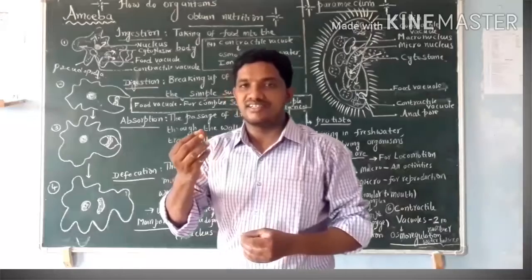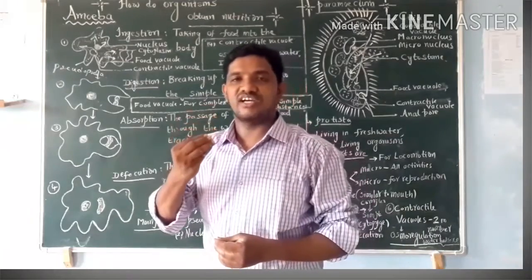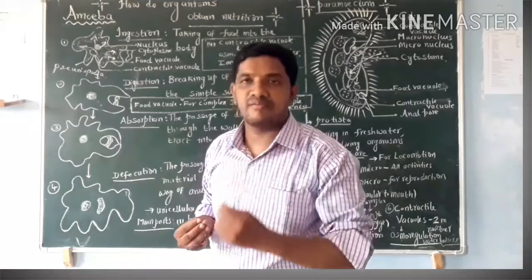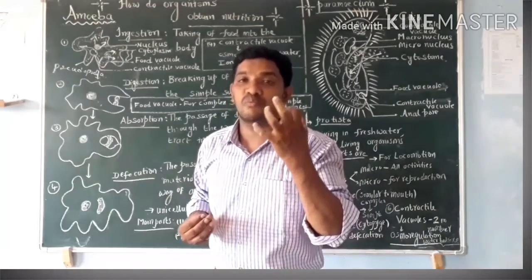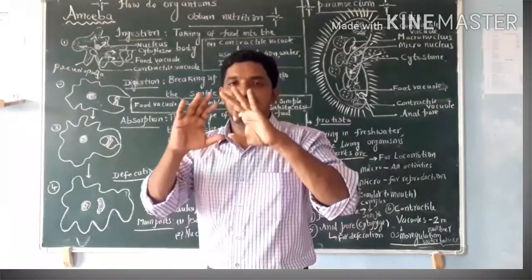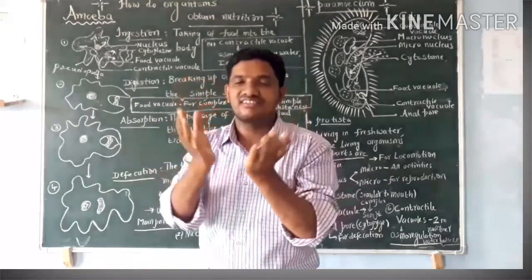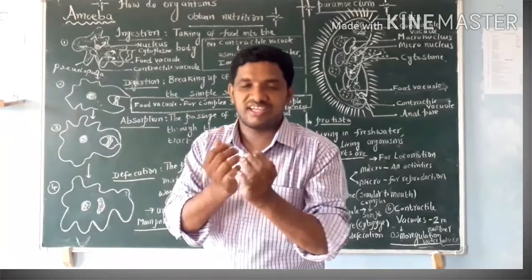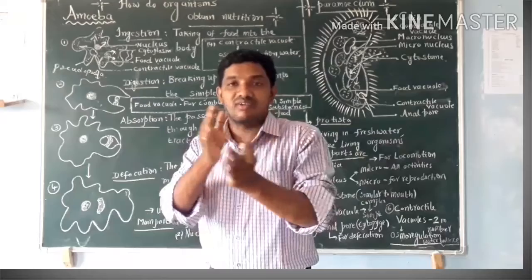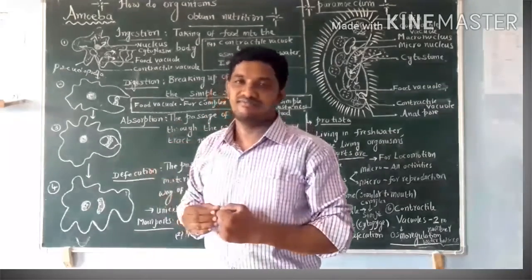When food comes to the surface of the amoeba, the pseudopodia fuse over the food particle and form a food vacuole. In this food vacuole, complex food materials are converted into simple food materials.